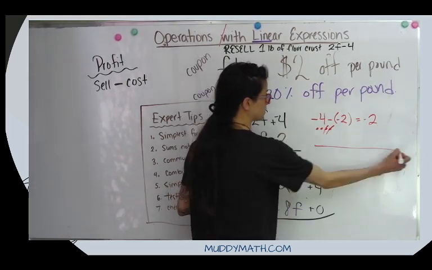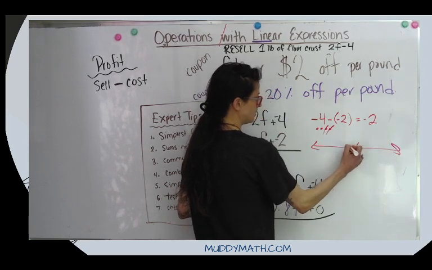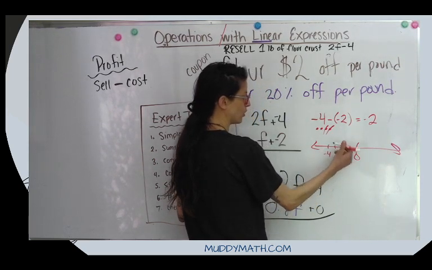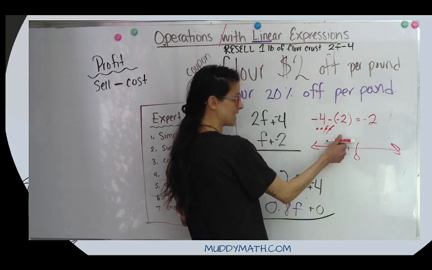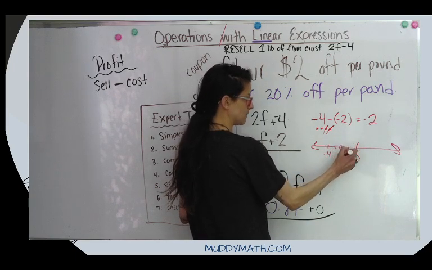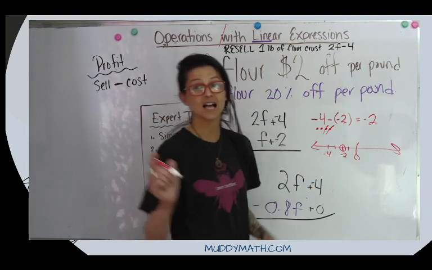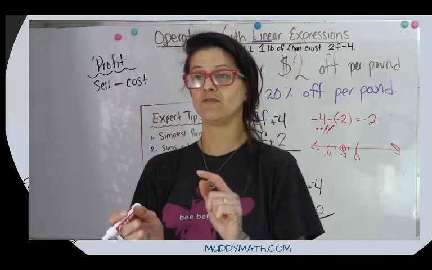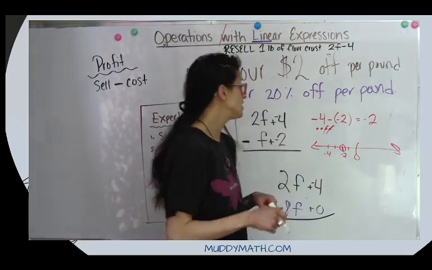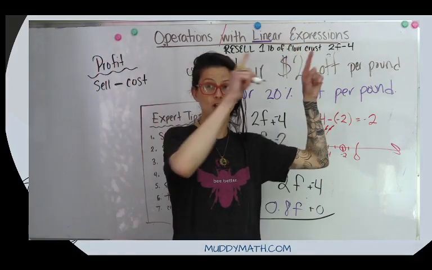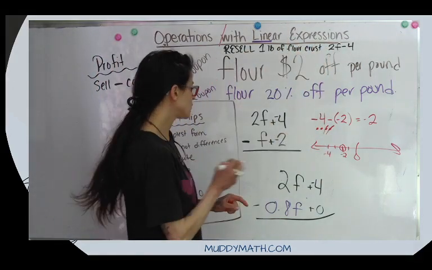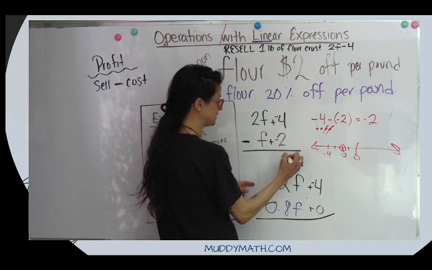Or you can think about the number line. We're at negative 4. We need to subtract negative 2. So we move backwards and we end up here. I have lots of videos on operations of integers on Muddy Math. Check them out. If I can get to it, I'll link it in the cards here. Okay, so negative 4 minus negative 2 is negative 2.